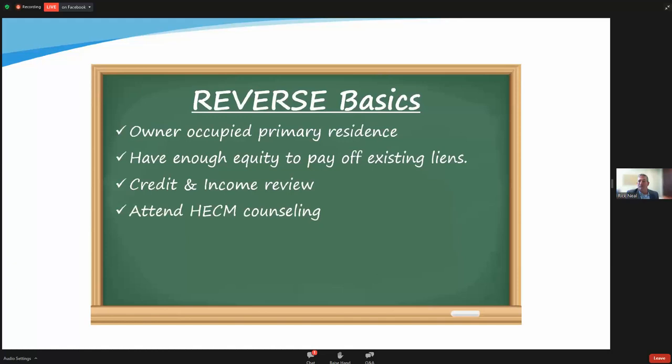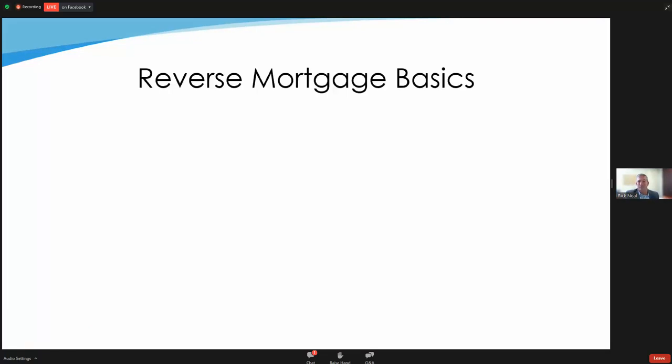All reverse borrowers are required to attend independent counseling from a HUD-approved counselor to ensure one understands the reverse mortgage. And by the way, compared to a forward mortgage, a reverse is typically easier to qualify for since FICO scores do not have to be as high.